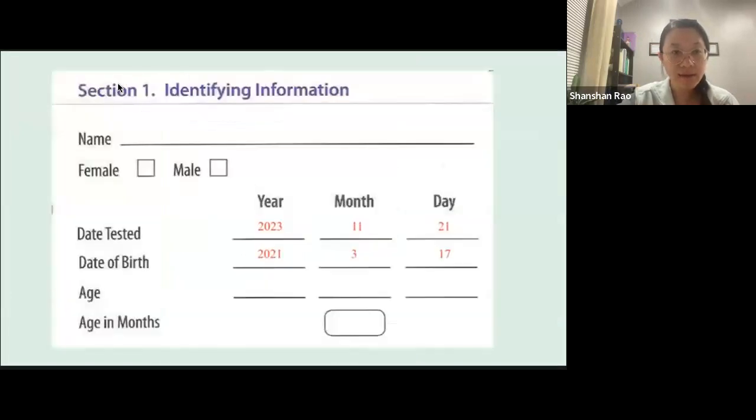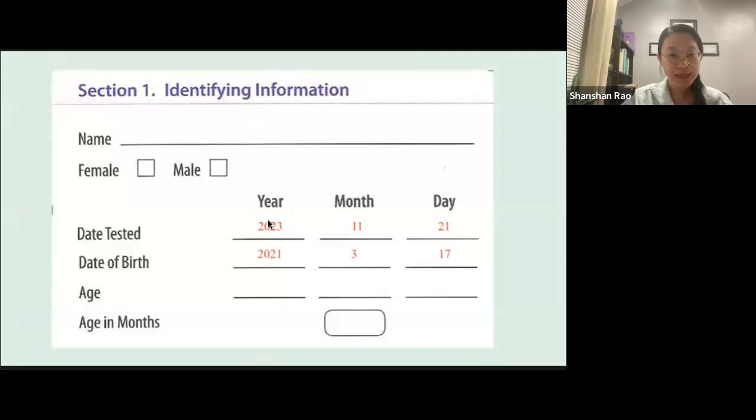In section 1, we will identify some information about the student. Knowing the age in months will be important for using the DAISY2, because that's how we identify where we should start to enter the scores. So let's practice a little bit. I know that you're good at math, so that's going to be easy peasy.